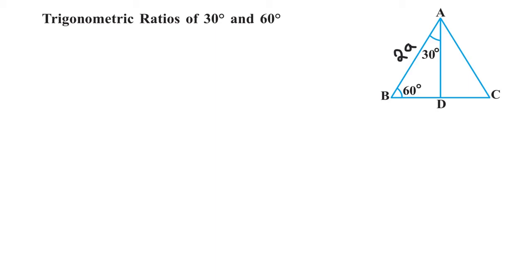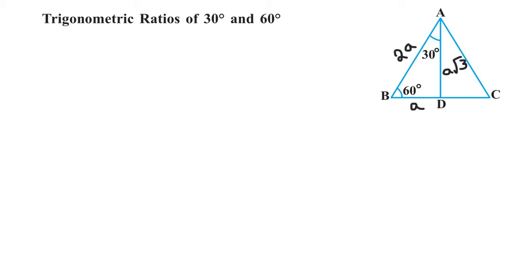Since it's an equilateral triangle, BC will also be 2A. Therefore, BD will only be half of BC, which is going to be A. Now, can we use Pythagoras theorem to find out AD? If we use Pythagoras theorem, AD will be A square root 3.